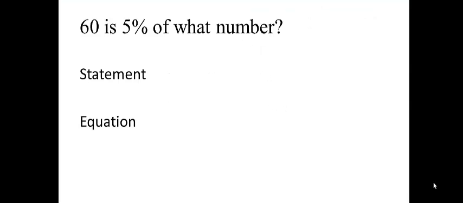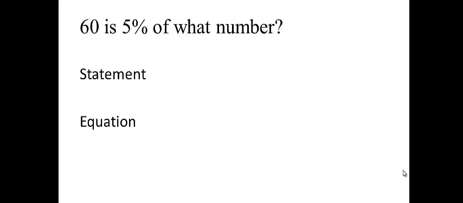Let's look at the question. What is 60%? Or excuse me, 60 is 5% of what number? So if I'm going to change this statement into an equation, I want to understand that is interpreted as an equal sign, of is interpreted as a multiplication sign, and the phrase what number refers to my variable.